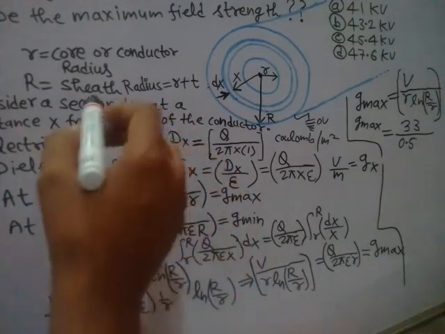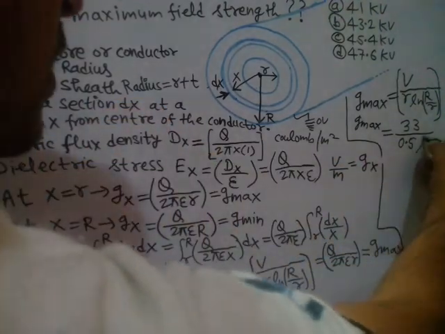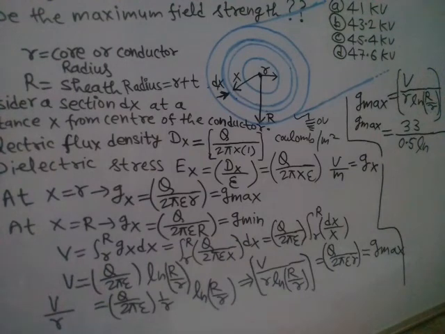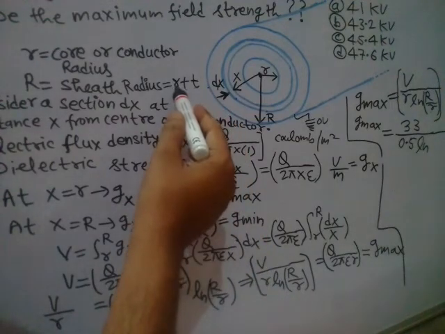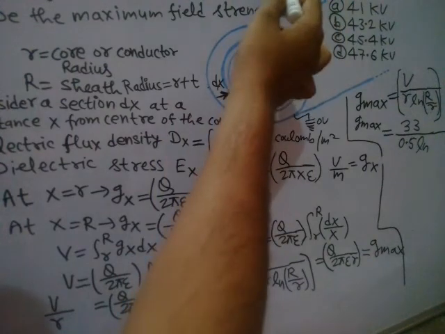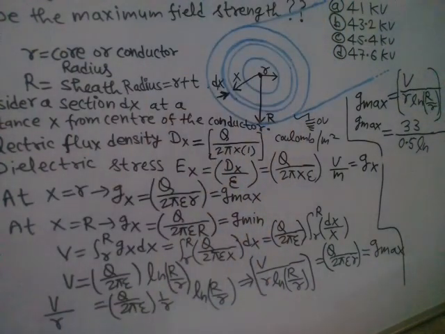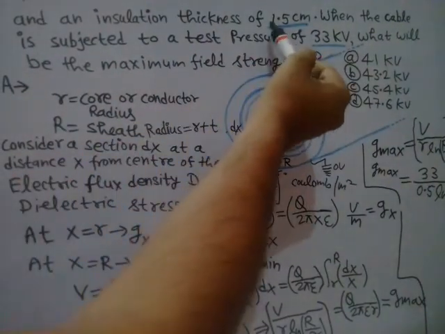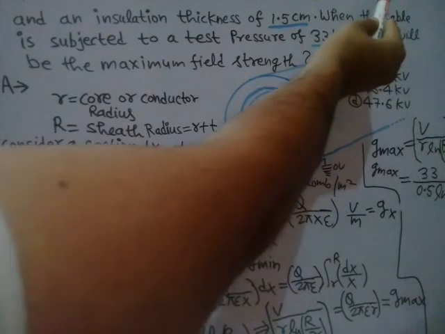Here you know that capital R is nothing but small r plus thickness. Capital R is thickness plus conductor radius small r. The thickness is given as 1.5 centimeter, and the radius of the conductor is 0.5.